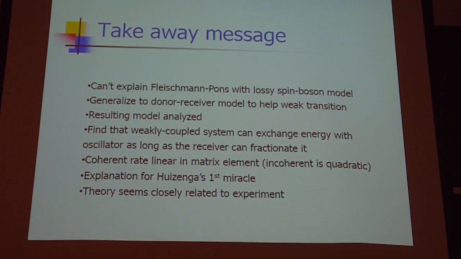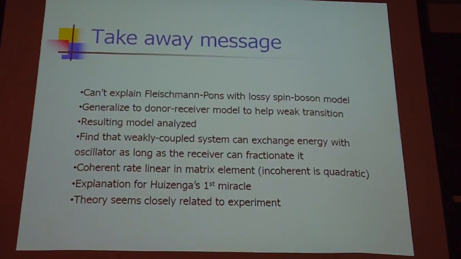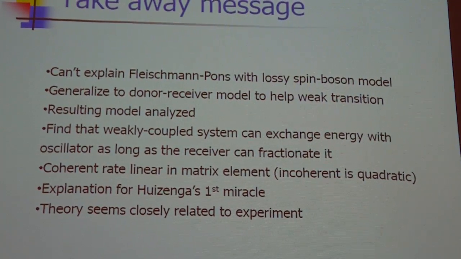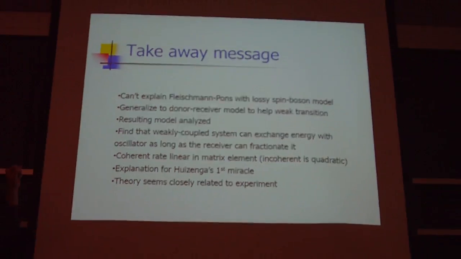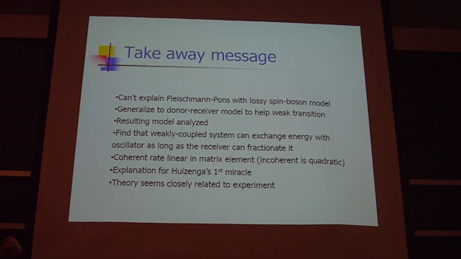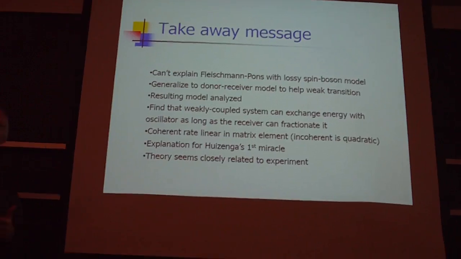Takeaway message. We introduced the donor and receiver model to deal with the weak transition problem. Analyze the resulting model. It looks like it works as a mathematical model just fine. The rate is linear in the matrix element, which is a big deal as I've been talking about. On this slide, I explained that this is an explanation for Heisenberg's first miracle.